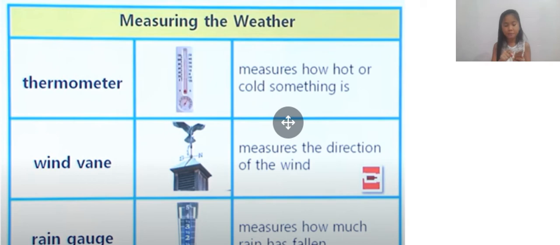It has special lines with numbers so that it can show you the temperature. Here I have Celsius and Fahrenheit. Remember these. When you look at it, you will see a special line or a needle. Some kinds look like a clock.